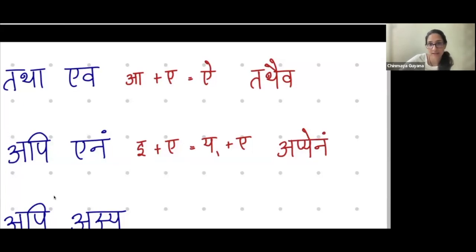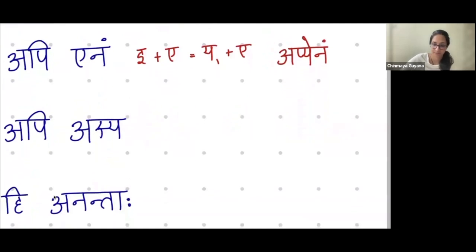Not apa yenam, up yenam. The P is going to become half because it's losing its A and it's becoming a conjunct consonant with the Y. Up yenam, not apa yenam. Okay.